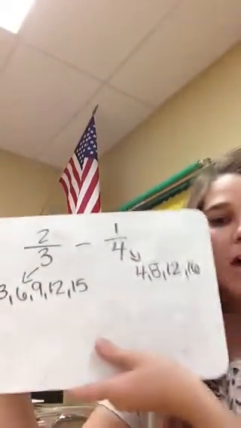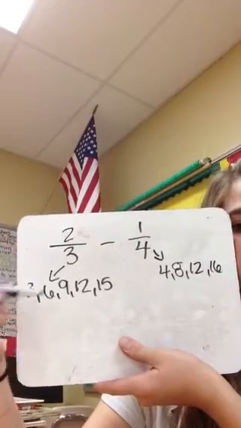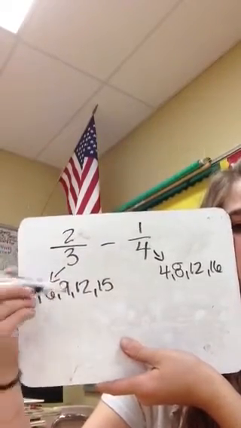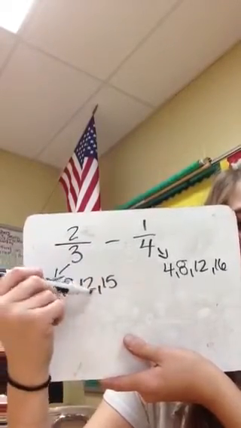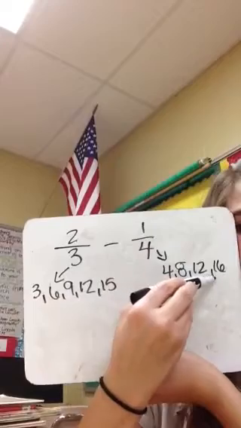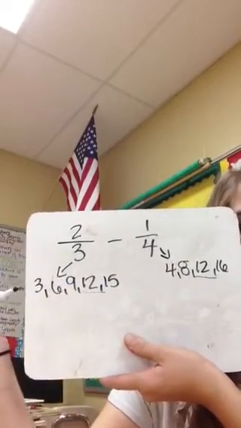Hopefully that's enough. So let's look for one that is the same. We have 3, no 3 over there. 6, no 6 over there. 9, no 9 over there. 12, there's a 12. So 4 goes into 12 and 3 goes into 12. So that tells me I need to turn both 3 and 4 into 12s. So let's see how we do that.